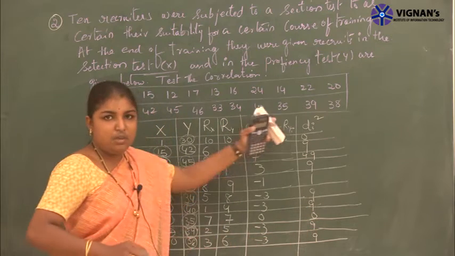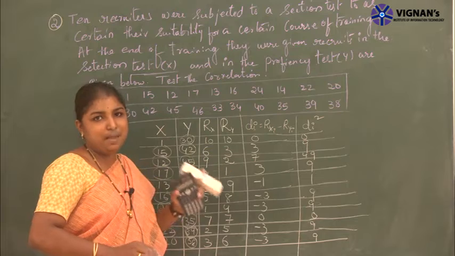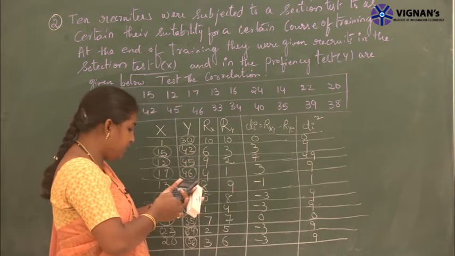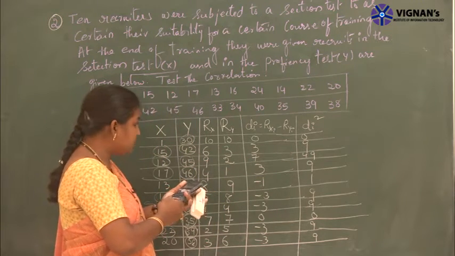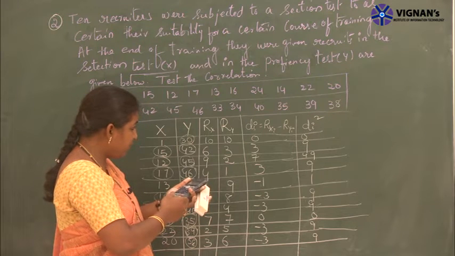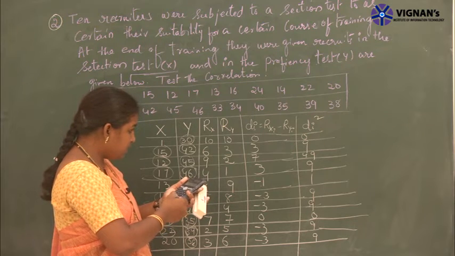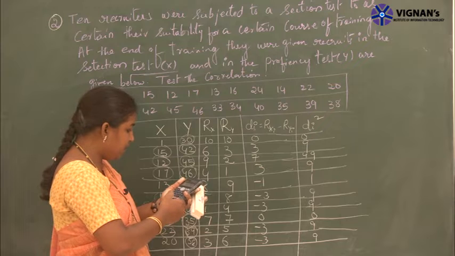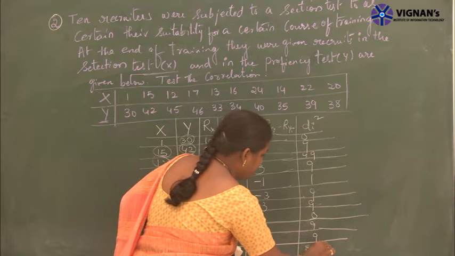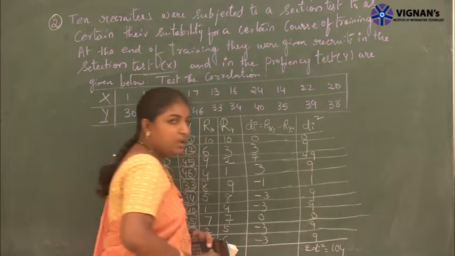Now summing all these values, we get summation di square. That is 0 plus 9 plus 49 plus 9 plus 1 plus 9 plus 9 plus 9 plus 9. So summation di square is equal to 104.